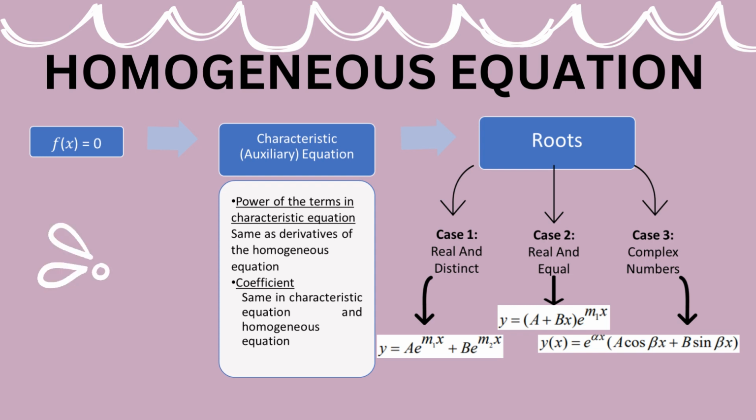Case 3, complex roots, and the general solution is y equals e^(alpha x) times (a cos beta x plus b sin beta x), where alpha is the real part, beta is the imaginary part.